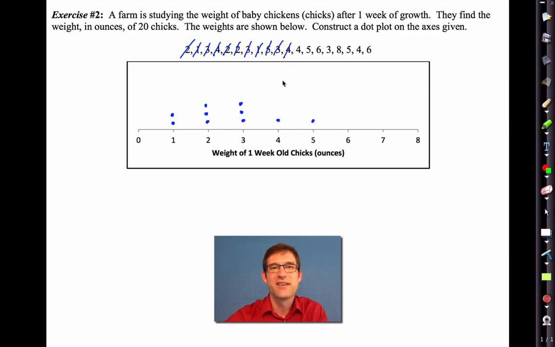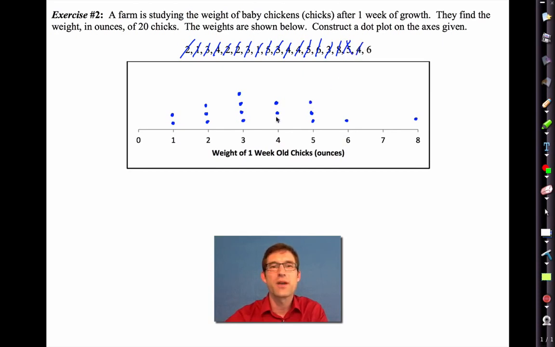Bit mindless and maybe tedious, but we're getting the job done. These days, most statistical plotting is, of course, not done by hand, right? It's done by using computer programs. Whoops, there goes my 5.